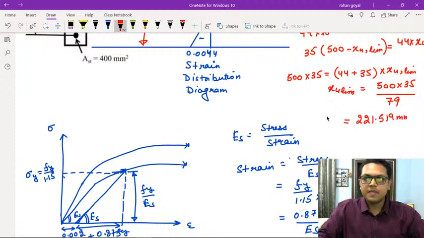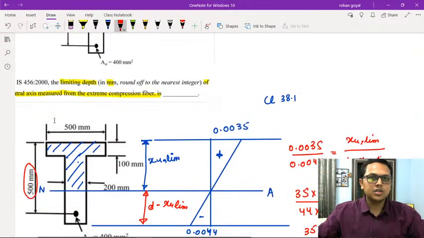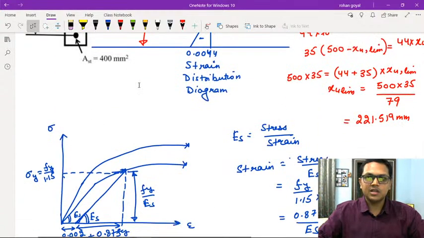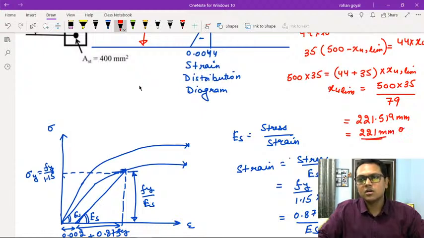So 221.519 mm, and it is asked in the question to round off to the nearest integer. So rounding off to the nearest integer will be how much? 221 mm, or let us take it as 222 mm.